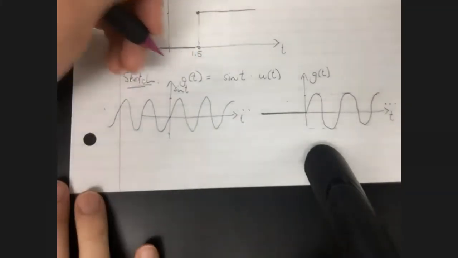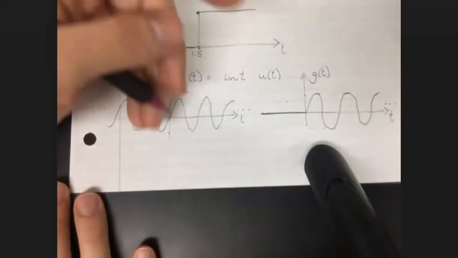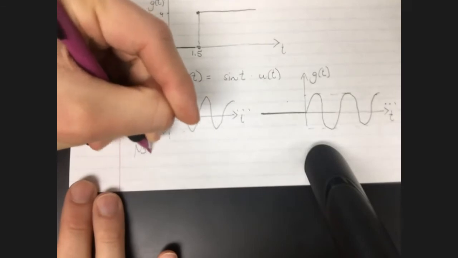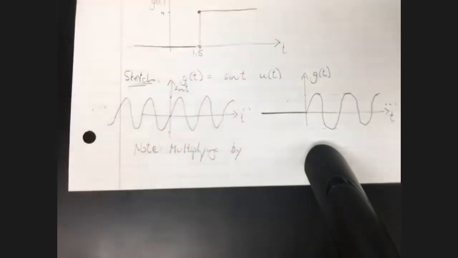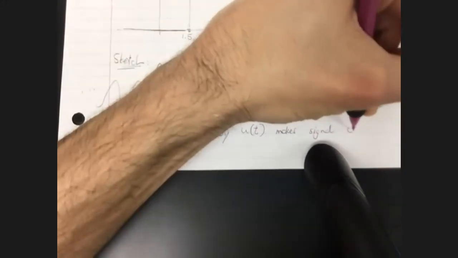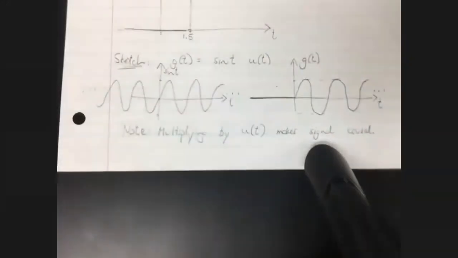So another application of this u of t is, I'll say, a note right here: multiplying by u of t makes signals causal.